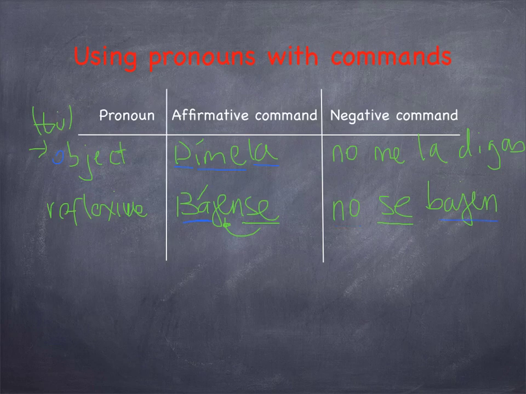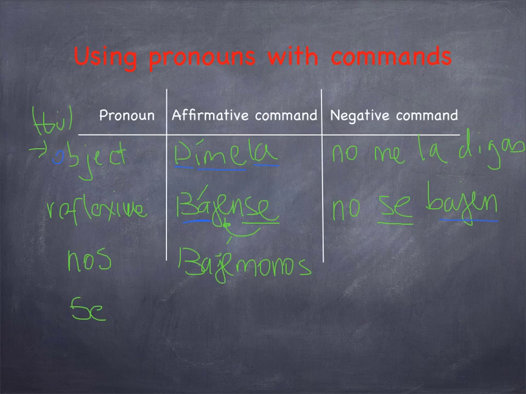So let's take a look at the nosotros commands, when we use the pronoun nos and the pronoun se. In both cases, we need to drop the final S. So for instance, bajémonos.